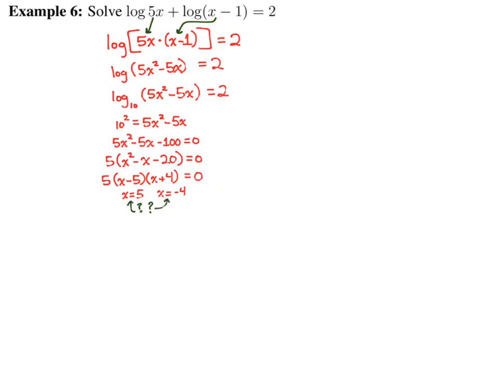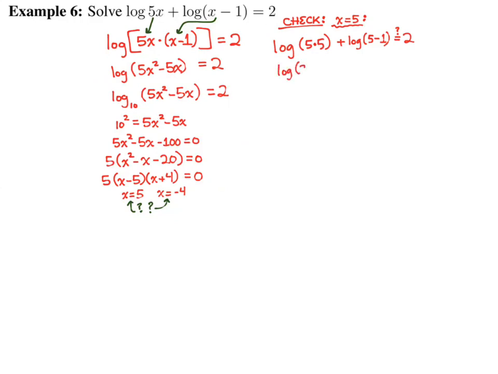You got to check. Now, this one's a little more annoying because you've got 2 numbers to check. This means you need to check each number separately. So let's do 5, because got to start somewhere. So log of 5 times 5 plus log of 5 minus 1. Maybe that's 2. Yeah, maybe.